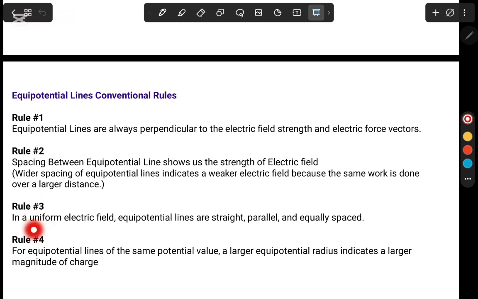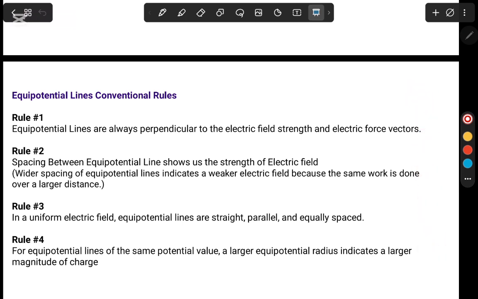The third rule is that in a uniform electric field, equipotential lines are straight, parallel, and equally spaced. And the last rule is that for equipotential lines of the same potential value, a larger equipotential radius indicates a larger magnitude of charge. So these are 4 key rules that you have to keep in mind.